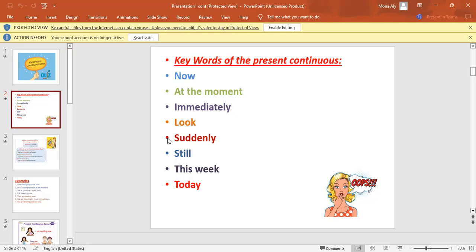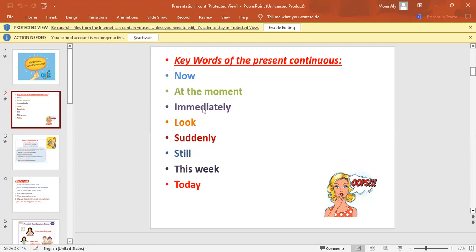So the keywords of the present continuous: now, at the moment, immediately, look, maybe listen too, suddenly, still, this week, today. All these words are keywords for the present continuous. Whenever you see them, you use the present continuous.